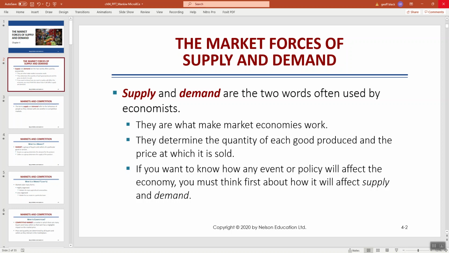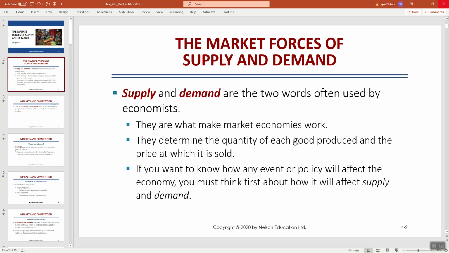So we have supply and demand, and these are two words most often used by economists. So again, supply represents the supply of a good or service, and demand represents the demand. They're what make market economies work. Okay, so we talked about what a market economy is. These are what make it work. You need both a supply and demand.